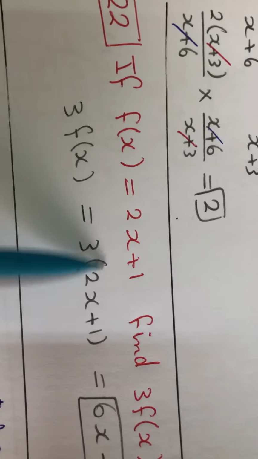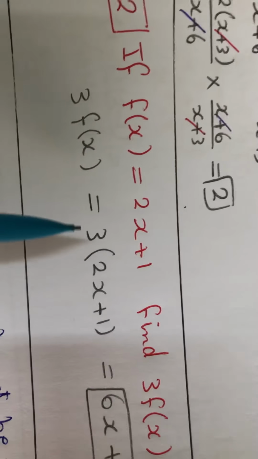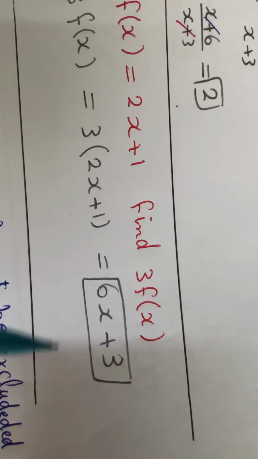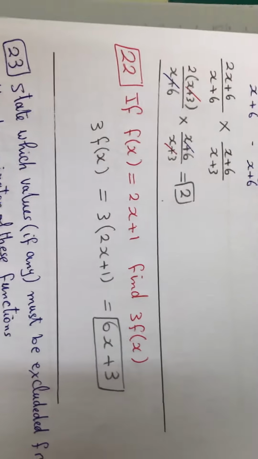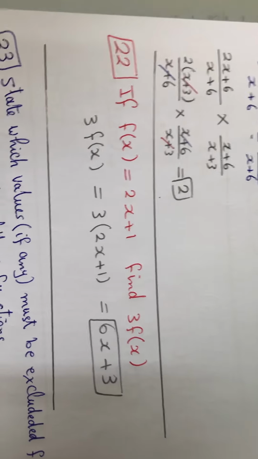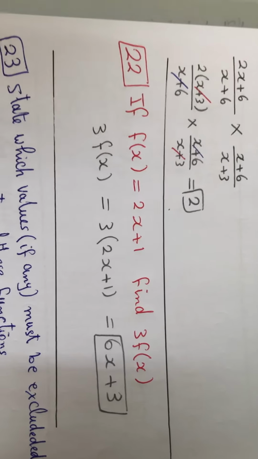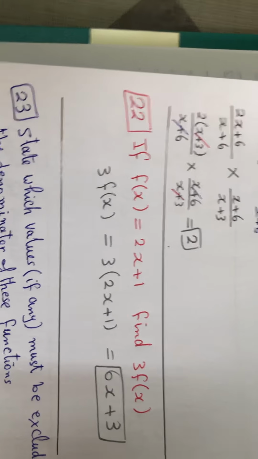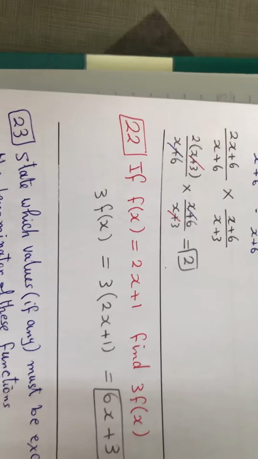Where is the f of x? 2x plus 1. Put it between brackets and distribute the 3 by the 2x equals 6x, by the 1 equals 3. Not more. Very easy, very easy. I think it is a very easy worksheet, and this worksheet is your study portion. Okay.